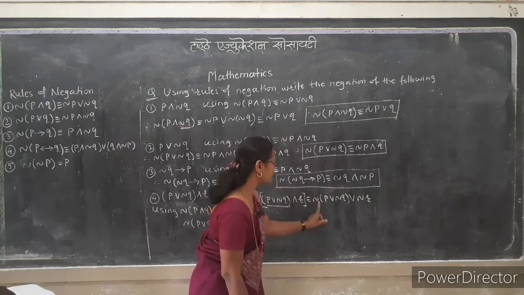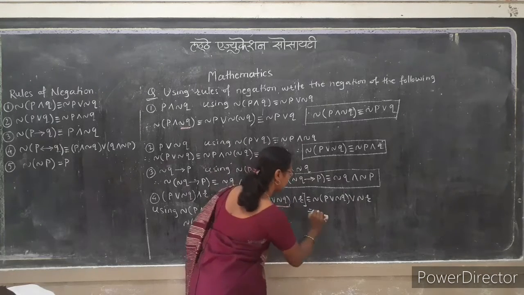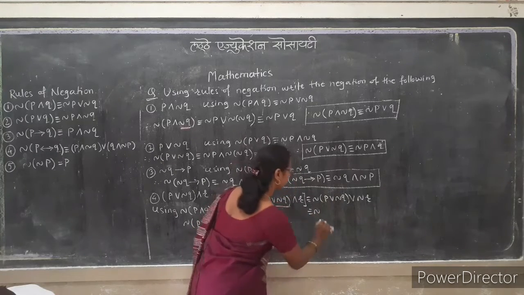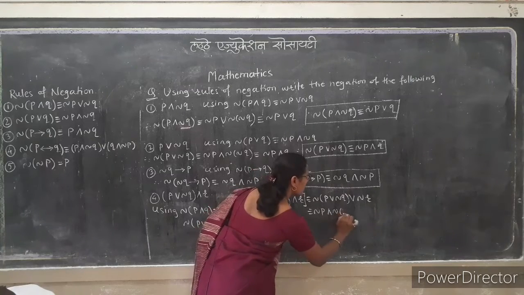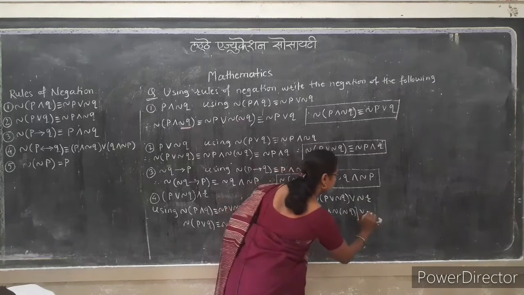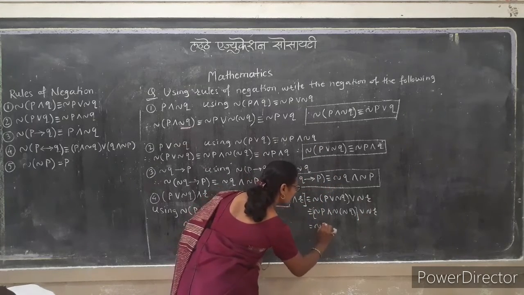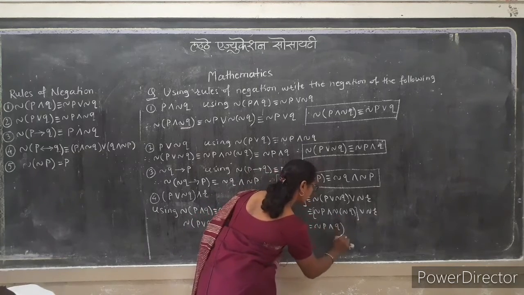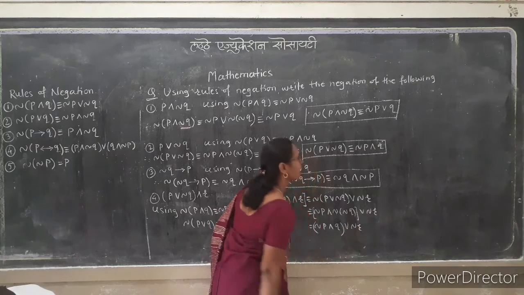Here we again use the negation of disjunction, which is logically equivalent to ¬P ∧ ¬(¬Q), and next the disjunction ¬R, that is ¬P ∧ the negation of negation Q, which is Q, disjunction ¬R.